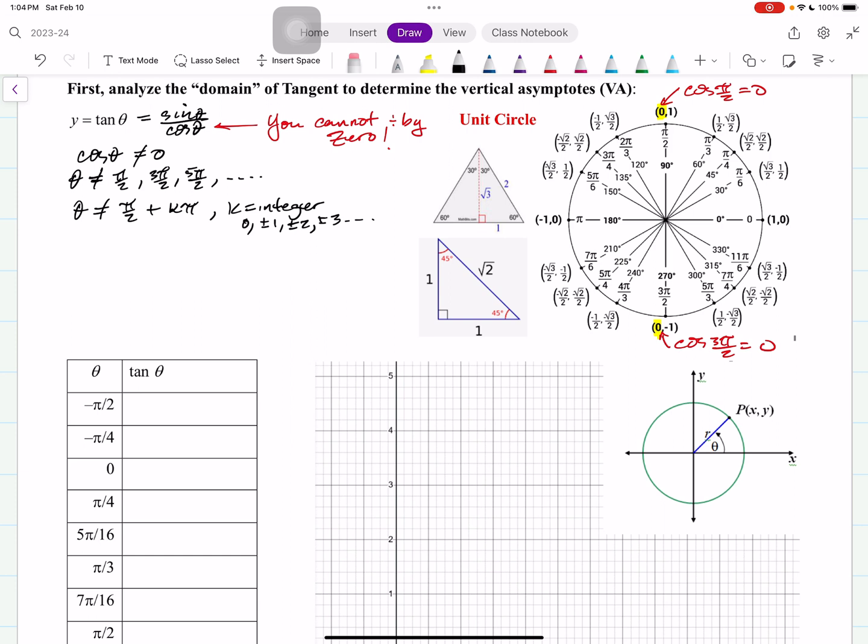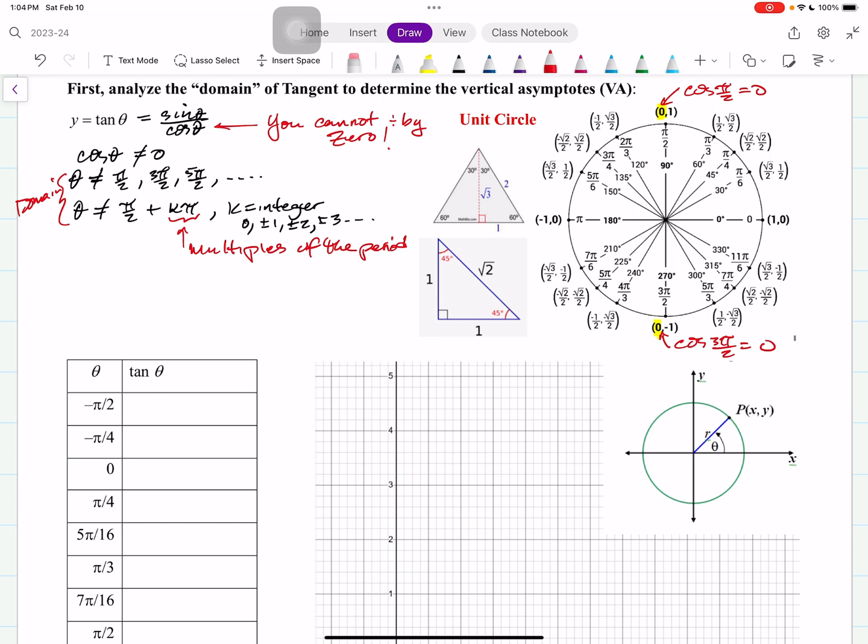The period of tangent, as you know, is pi. It's periodic, and that's why we add multiples of the period. So this k pi term represents multiples of the period. Now we know the domain: all reals not equal to these angles.